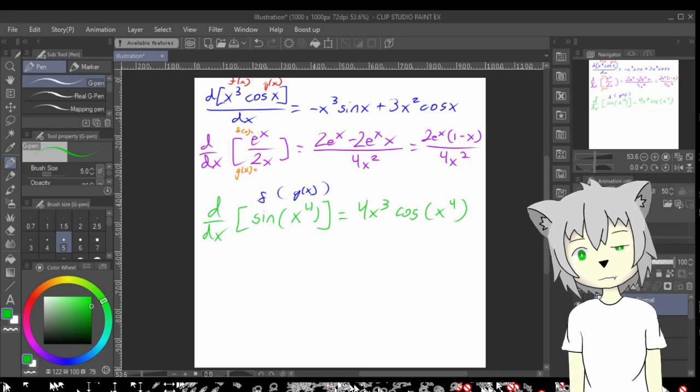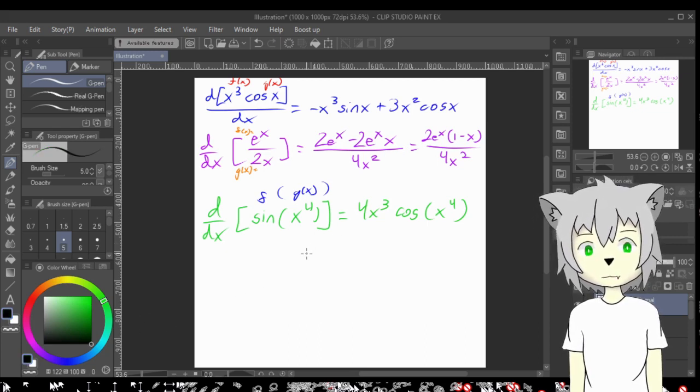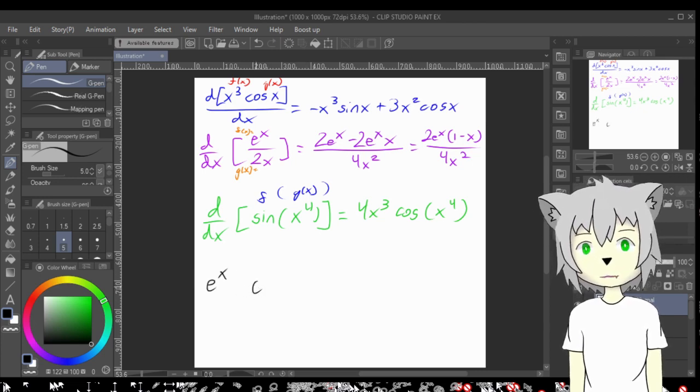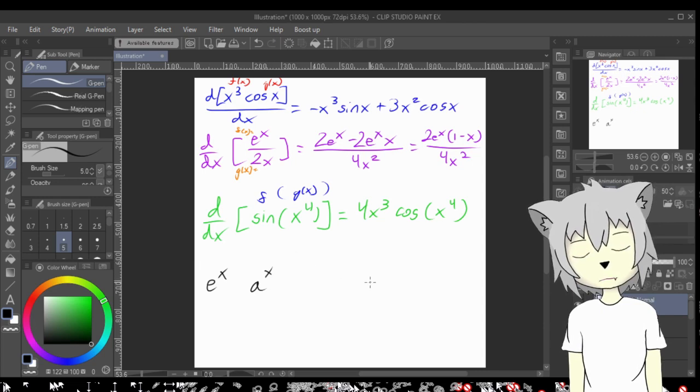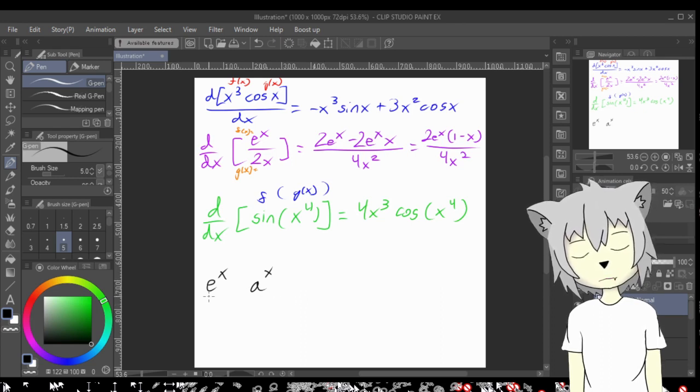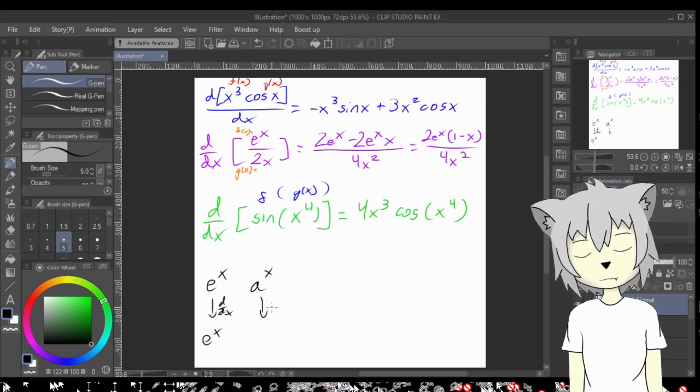The chain rule is also used to find another derivative that we know about. e^x. What about some constant a to the x power? Basically, we know the derivative of e^x is just e^x, but we don't know what that is.